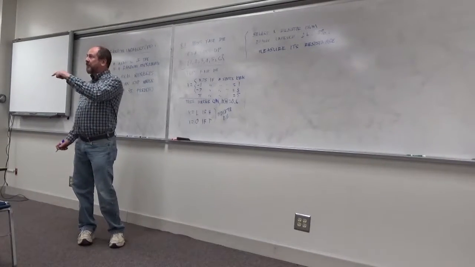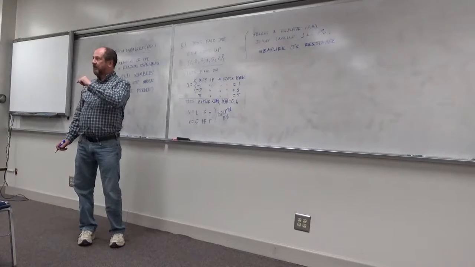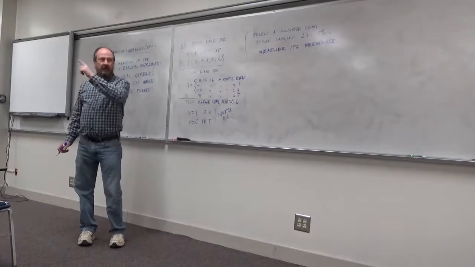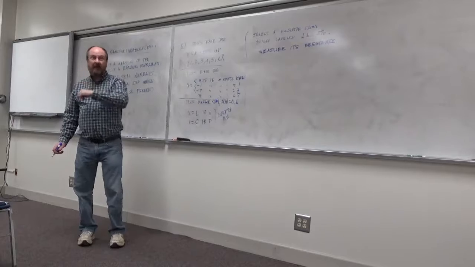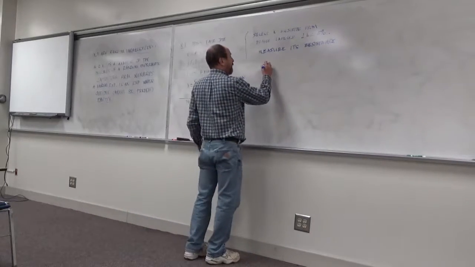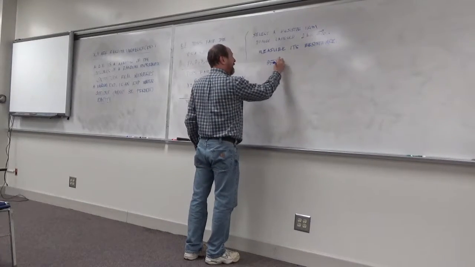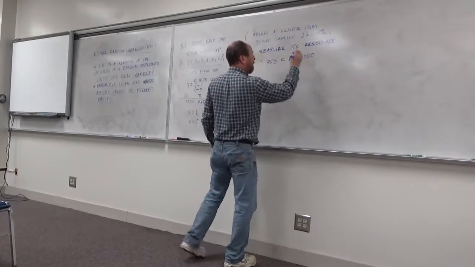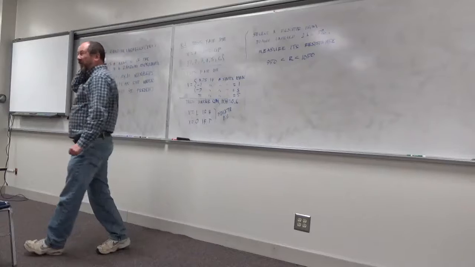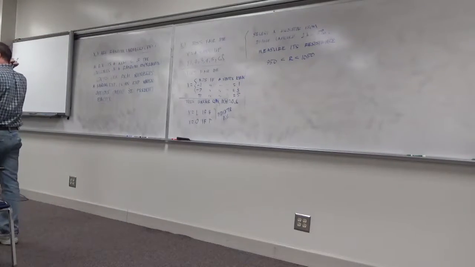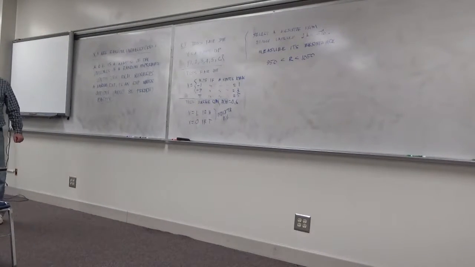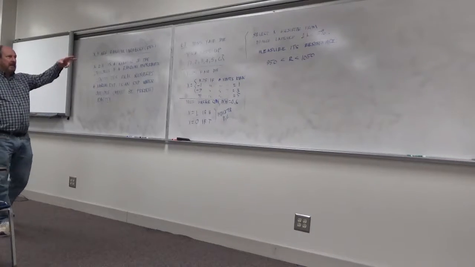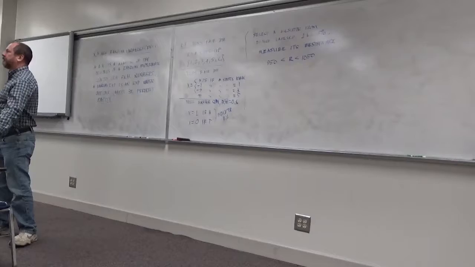And the only thing the manufacturer guarantees is what? That it is within 5% of 1K. So we should say 950 is less than R, which is less than 1050. And that's all they're saying. That it's somewhere within 5%. 5% of 1,000 would be 50, yeah. They're just guaranteeing you somewhere in between there.